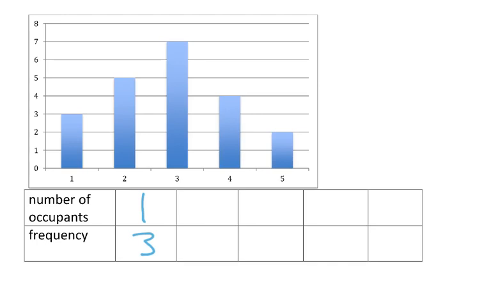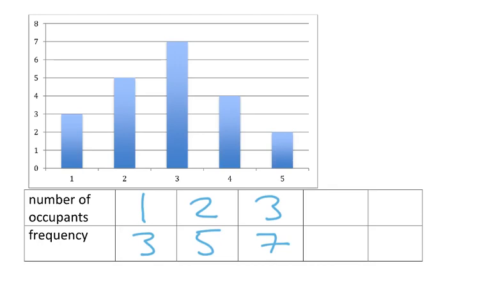The second bar is in reference to units that have 2 occupants. There are 5 such units. The third bar refers to units that have 3 occupants. And the frequency here is 7, the number of units that have that many occupants.